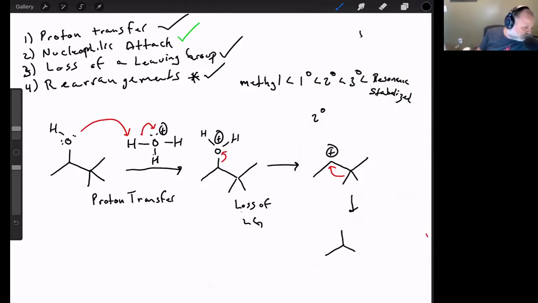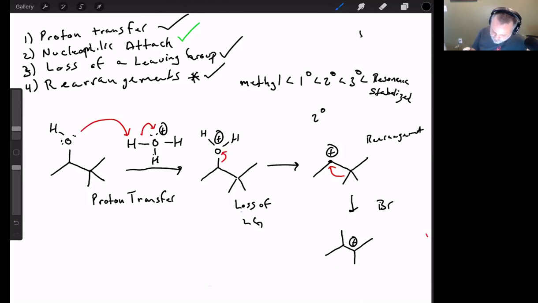The important thing to think about now is, where is the charge? Charge is here. Remember that if I have a carbocation, then this guy has a hydrogen at this location, so it's already got 3 bonds. And so this is a rearrangement.